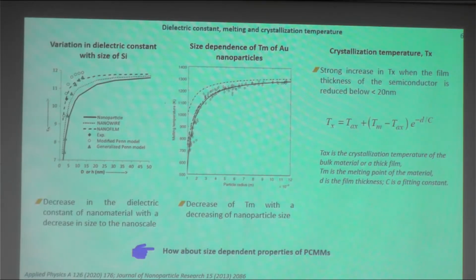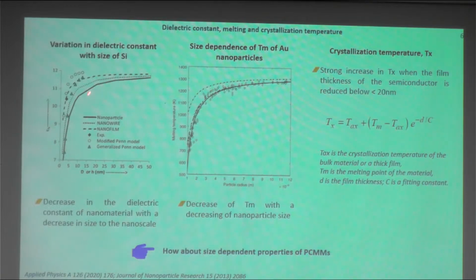Silicon is a famous material for the microelectronic industry, and so there was a huge research effort in this direction, and many different nano objects can be produced, like nanofilms, nanowires, and nanoparticles, and they all show different properties compared to bulk materials. First, it was found that the dielectric constant changes with the size of silicon.